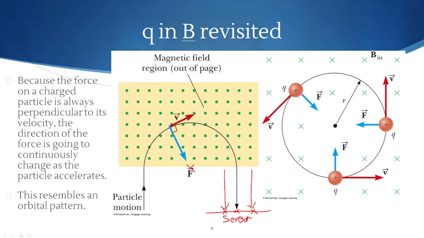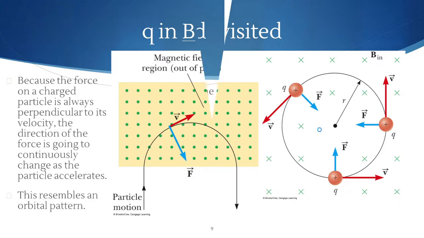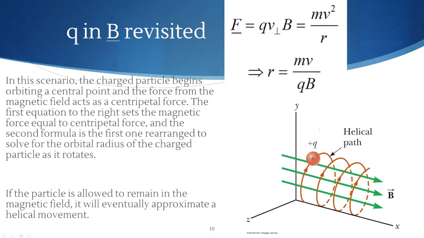But if the velocity starts changing, the force direction will also start changing, and you usually end up with some sort of turning pattern as a result of that, the magnetic force in this situation acting as a centripetal force. Again, let me know any questions or issues you're having as we discuss these principles.